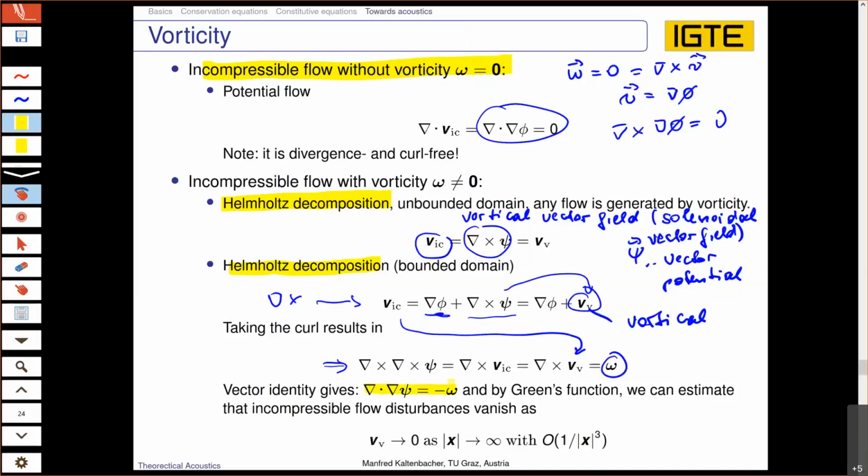psi can be set to 0, you come up to the Laplacian of psi is equal at the end to the vorticity. And that you can rewrite somehow by Green's function as an integral, and then you get the estimate, and that is important for us in fluid dynamics, that the vortical structure goes to 0 as the distance goes to infinity, with the order of 1 over the distance to the power of 3. So you see that the vortical structures decay very fast.